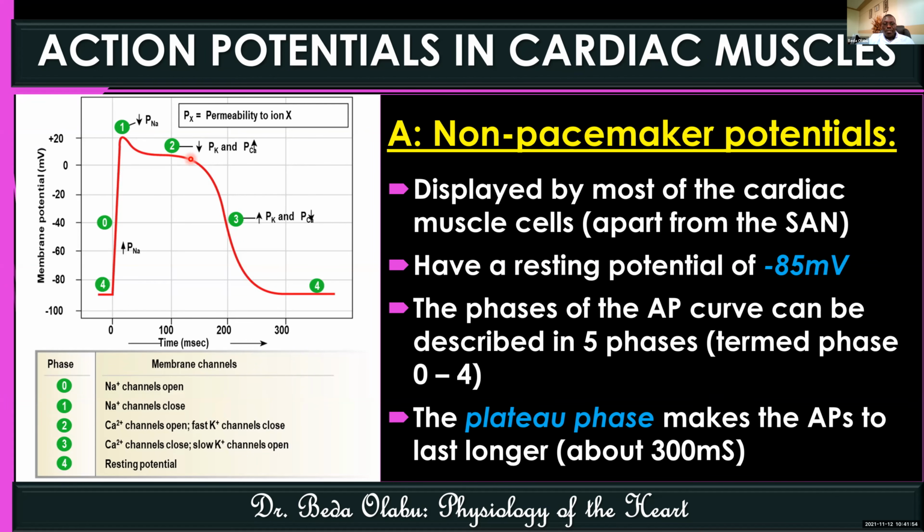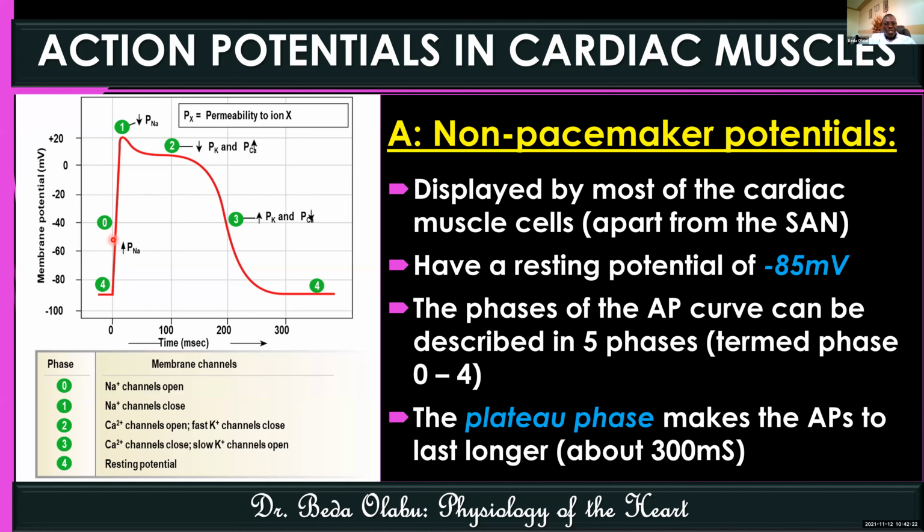But what is it? It is a period of sustained membrane depolarization. What I mean is that the membrane is depolarized and it is remaining in the depolarized state for quite a while. Remember, here the membrane was polarized, the resting potential.